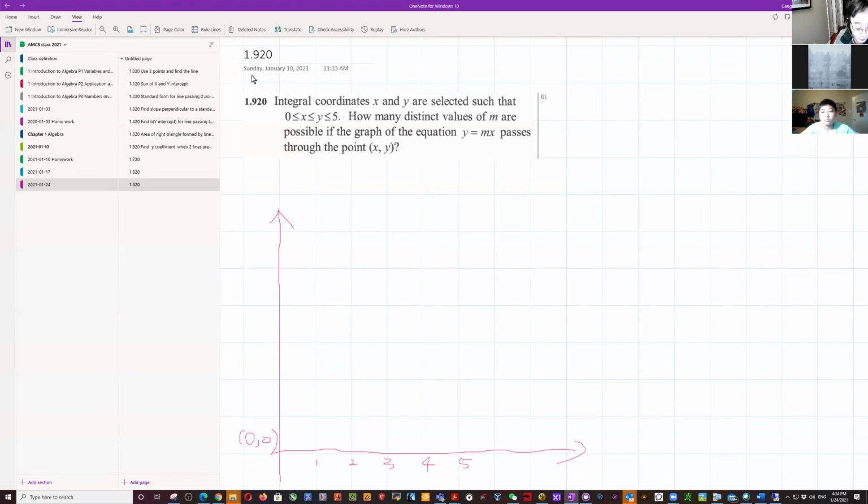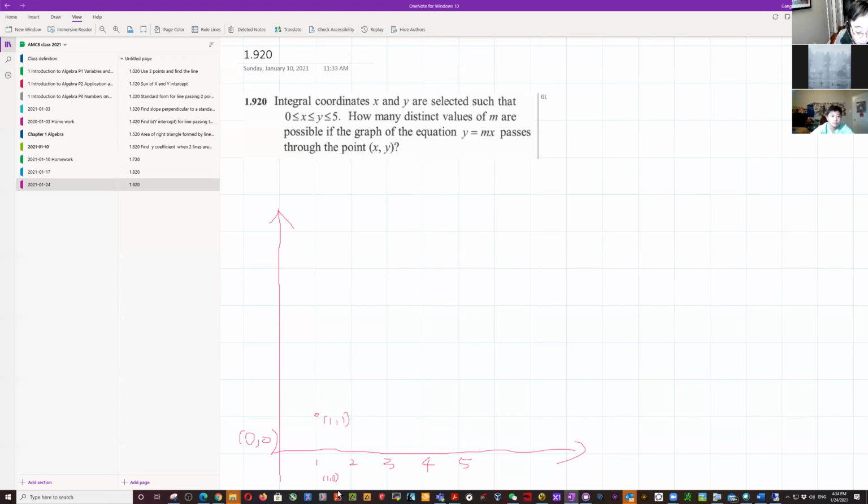So for example, this is 1 and 0. 1 and 0 is not legit because x is actually greater than y. But this is legit. For example, 1 and 1 is legit, because x is less than or equal to y, that's fine.